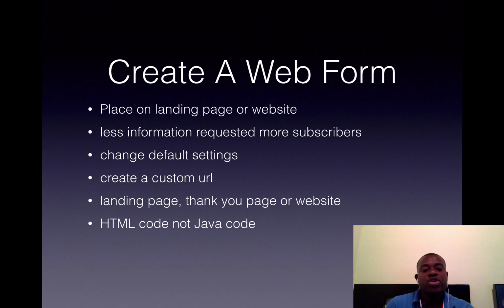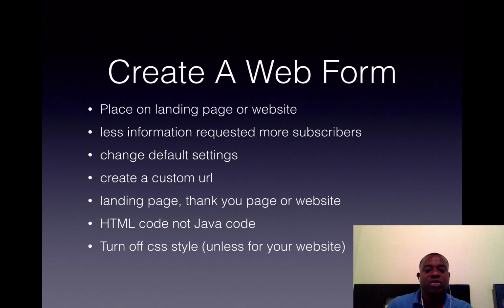And what we'll be using is the HTML code. Now, if you see a JV code, you probably want to ignore it, because we're not going to be using a JV code in this process, in this video series. So what we'll be using is HTML code, and you don't have to learn it or anything like that. I'll show you exactly how to go about it. It's pretty easy.